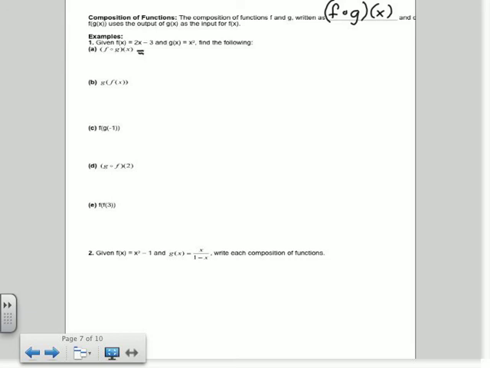So on this one, I never liked that notation with the little o. So I like to write it with the parentheses. So I always rewrite as f of g of x with parentheses. Okay, and what you're going to do on these is work from the inside out.